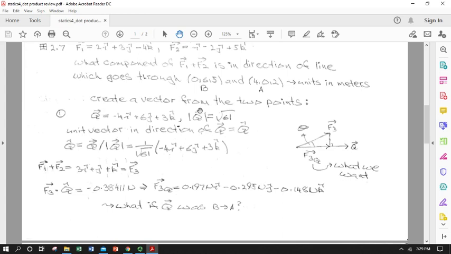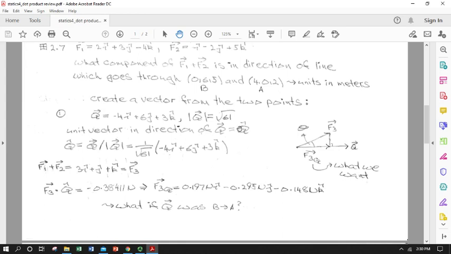Excuse me, tongue-tied. Now I'm going to get its length. That's magnitude. So I just take my three-way Pythagorean. I square 4, get 16, square 6 and get 36, square 3 and get 9, take the square root, so that's square root of 64. And I divide each of these terms by the square root of 64, and that gives me what I call q hat, and that's a unit vector that's in the direction of this line that somebody was interested in.